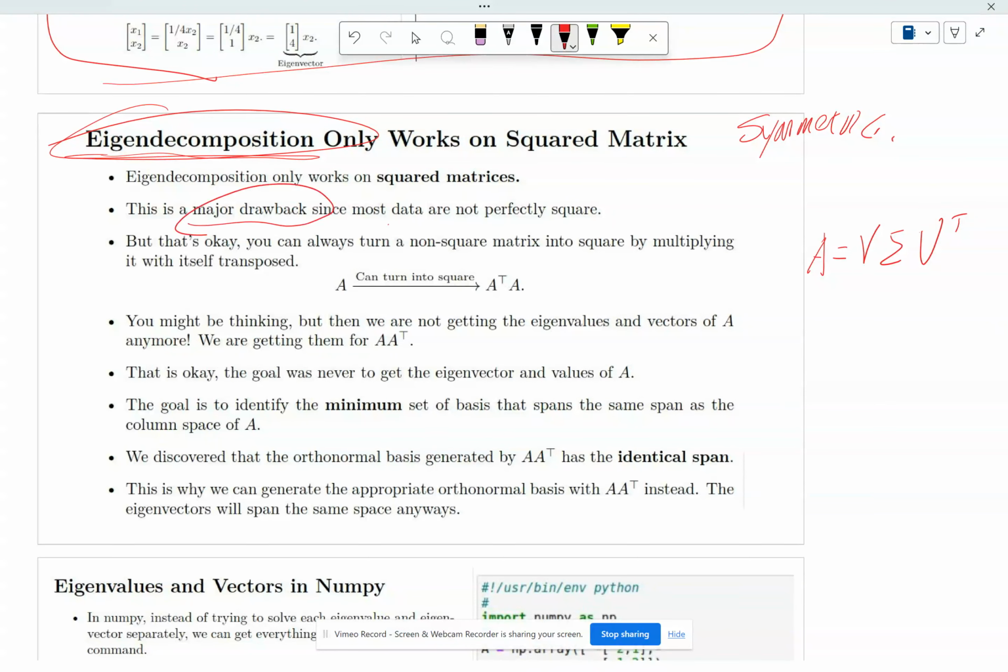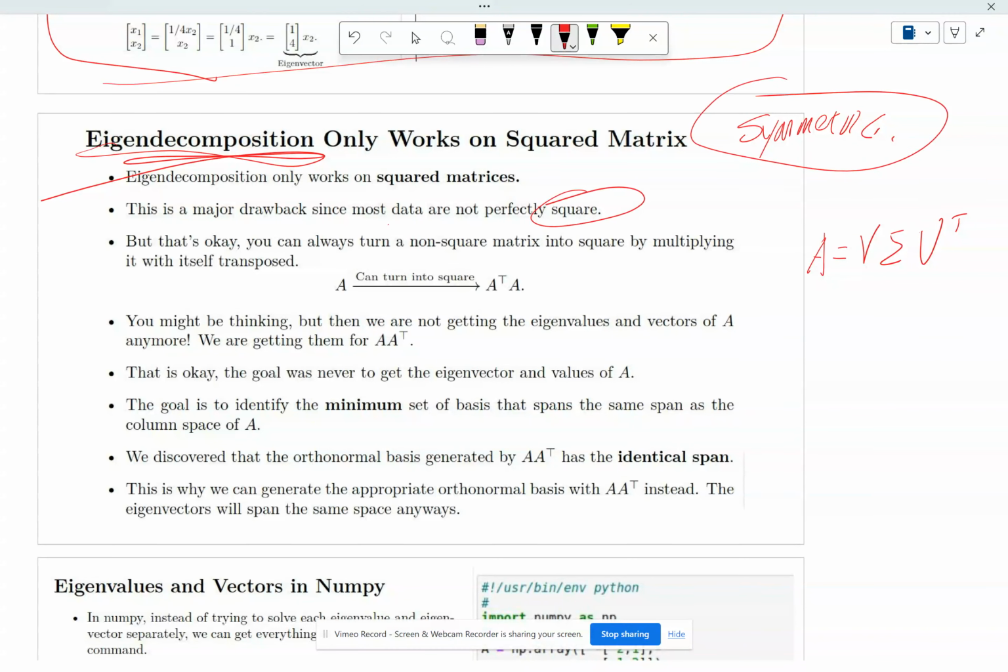This is a major drawback, since most data are not square and might not be symmetric. So this is a problem. Even though eigen decomposition is really, really useful, it seems on the surface that you can't use it on most data because most data are not perfectly square and they're not symmetric.